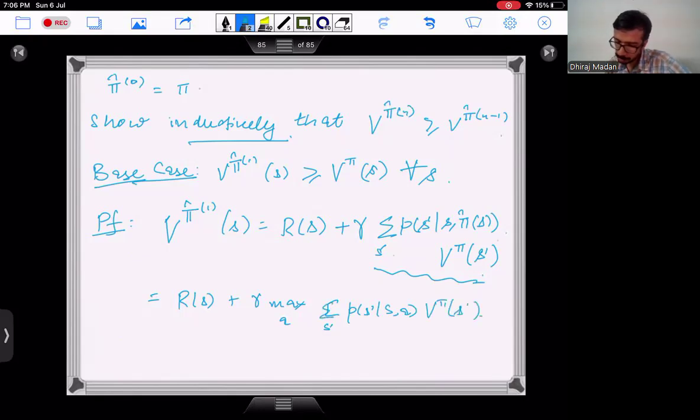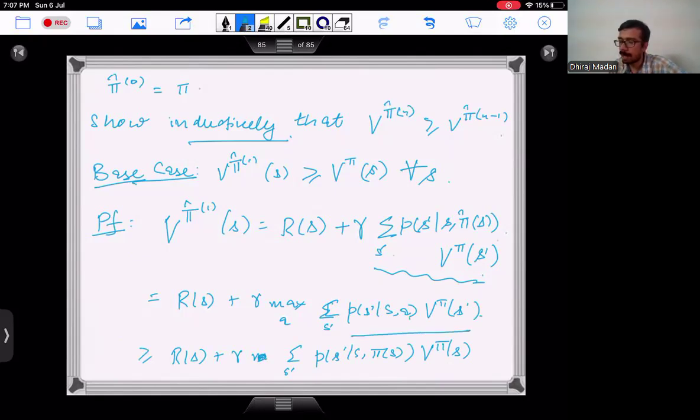Now this is the action which maximizes it. So if I choose any other action, let's say the action according to the policy pi, my original one, then this will be greater than or equal to R of S plus gamma times the sum of P of S prime given S, pi of S times V pi of S prime. Why? Because this is the action which maximizes this quantity, and pi of S is any other action.